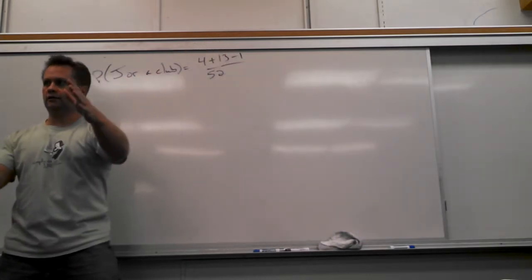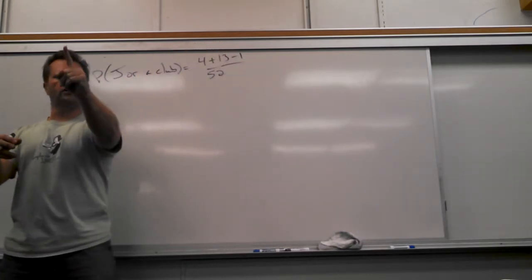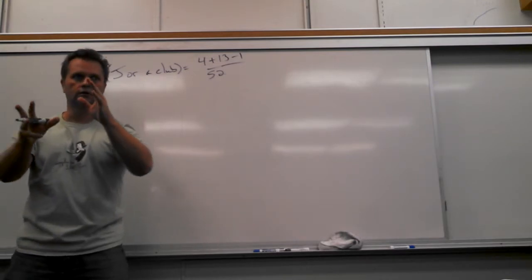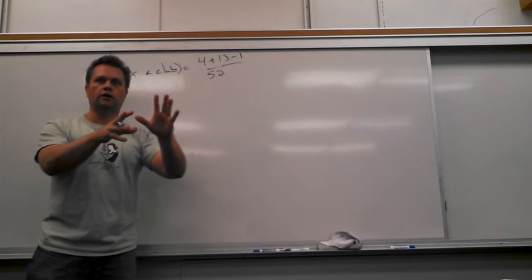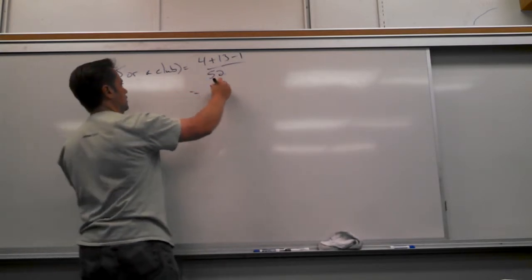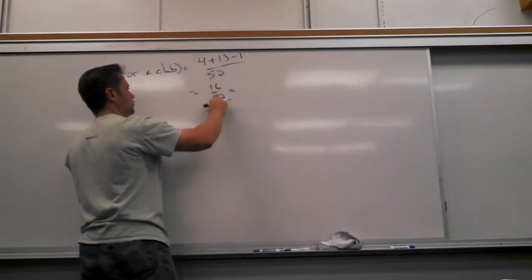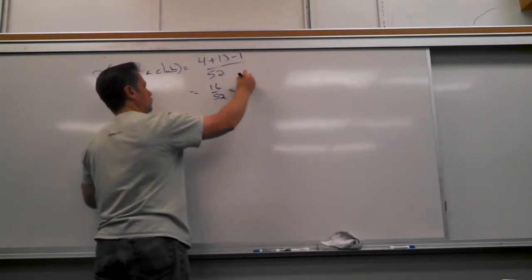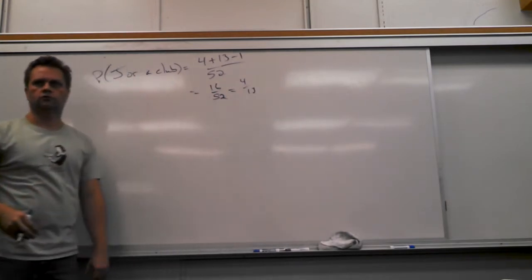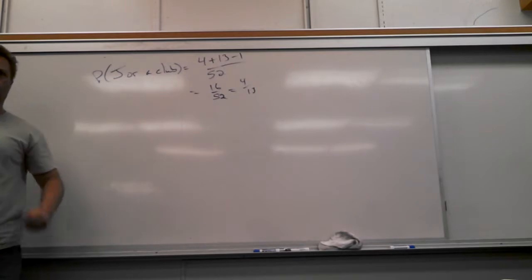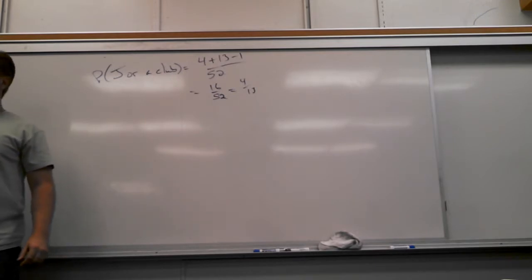There are 16 things that match that, with one of those matching both. Does that make sense? Cool. So this will be 16 out of 52, which reduces to 4 out of 13. Cool. And then you can make that a percentage or a decimal if you want to.